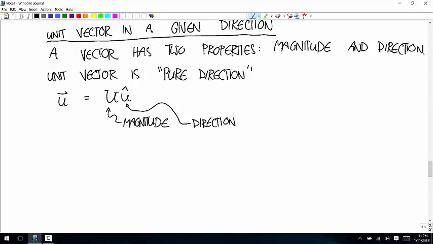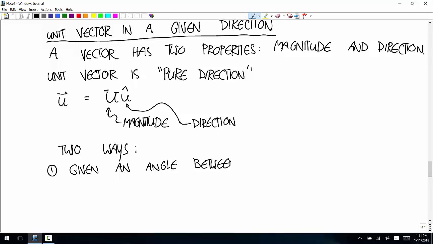Okay, so there are 2 ways to calculate a unit vector. The first one is if you're given an angle between the vector and some reference line.